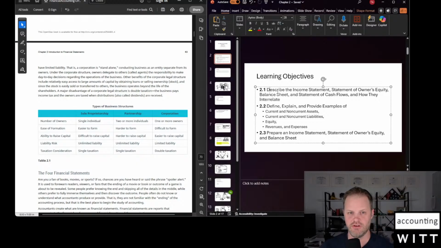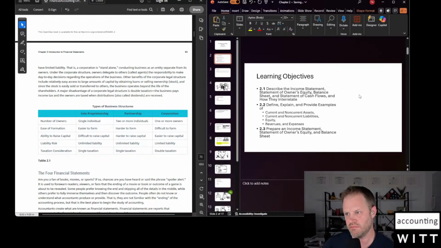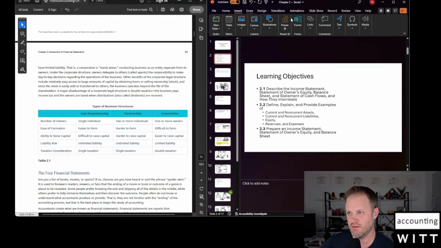I don't like how these learning objectives are spelled out. I feel like I would say them, how do I insert text?